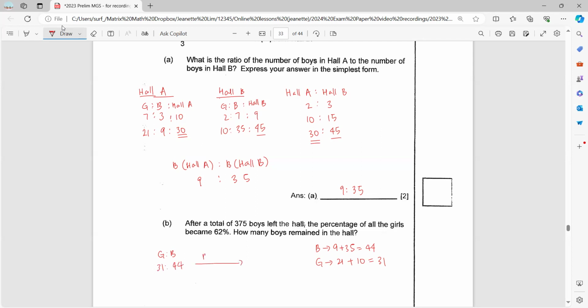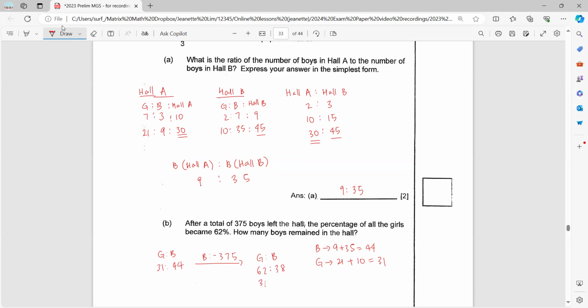There is 375 boys that left. Then the ratio in the end, girls became 62%, so the boys will be 38%, right? So as a ratio, 62 to 38, simplify.